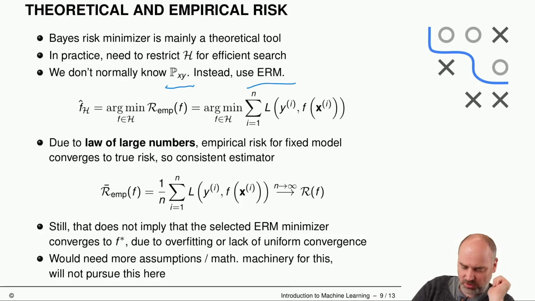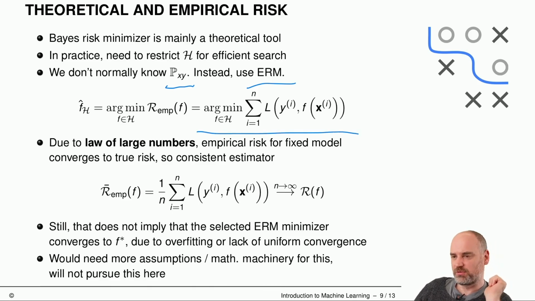So in practice, we're going to use ERM, empirical risk minimization. I'm not going to repeat this formula because we have discussed it many times. You can think a little bit about whether this empirical risk gives me any theoretical guarantees.